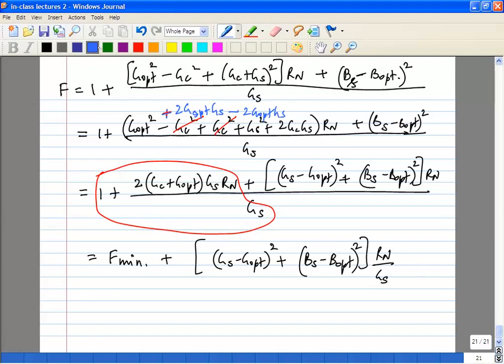Okay, so why did we do this? What you notice is, obviously if GS is equal to G opt and BS equals B opt, F is F min, we already know that. Okay, but in case for other reasons you are not able to match exactly for noise, what you find is this is the equation of a circle if your GS and BS are variable.